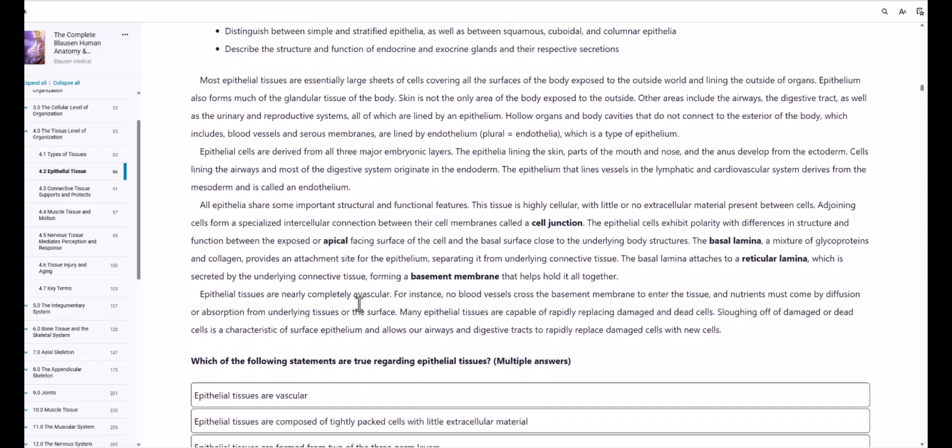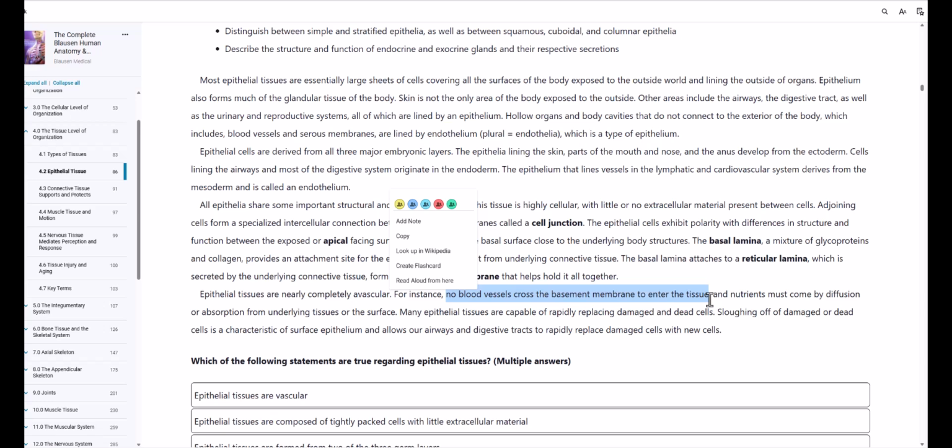Another feature of epithelial tissues is that they are nearly completely avascular. Rarely do you see blood vessels coming up through the basement membrane into the epithelial tissues. It's very, very rare. So for the purposes of the lab and for the purposes of the learning, I always say that epithelial tissues are indeed avascular.